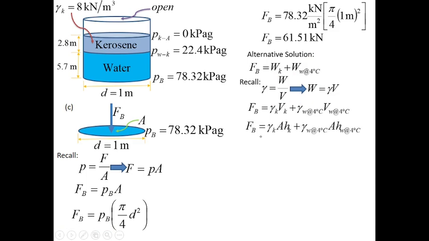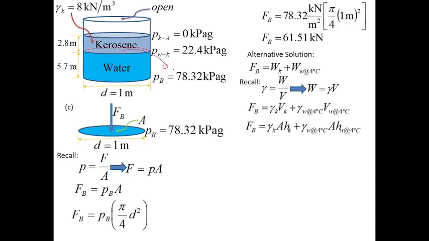So F sub B equals the unit weight of kerosene times the volume of kerosene. This is circular, right?